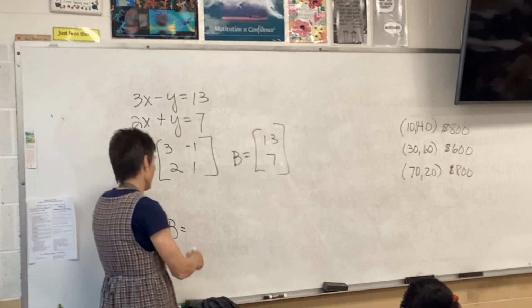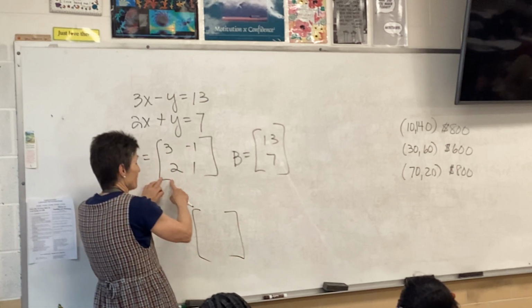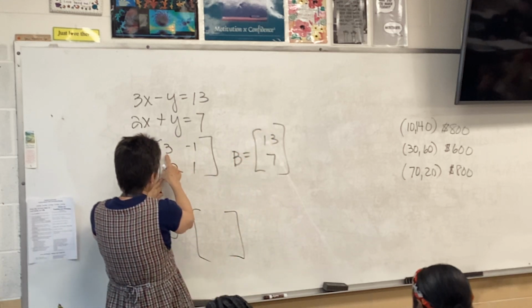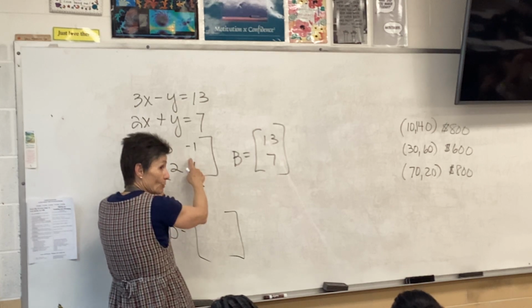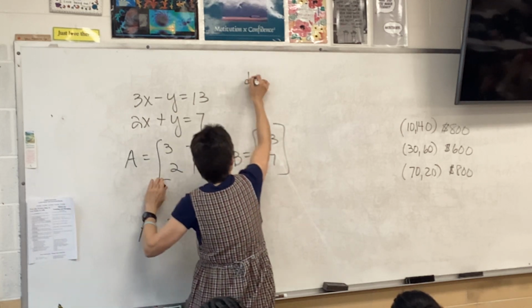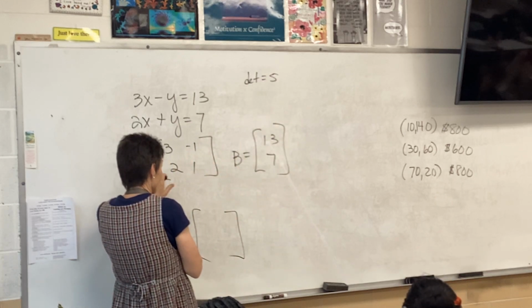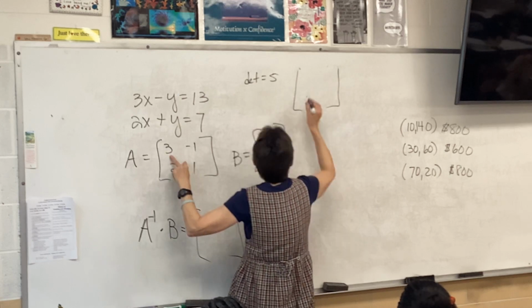Okay? So, what is the inverse of this matrix going to be? Well, you gotta find the determinant. So the determinant will be 3 minus negative 2. 5. So the determinant is 5. And then you wanna flip. Switch.